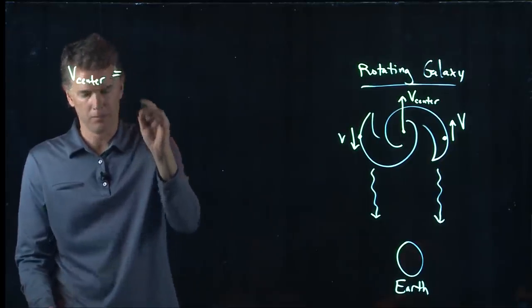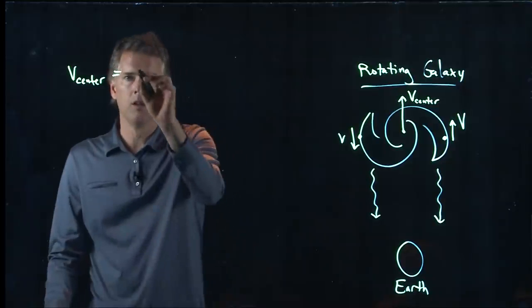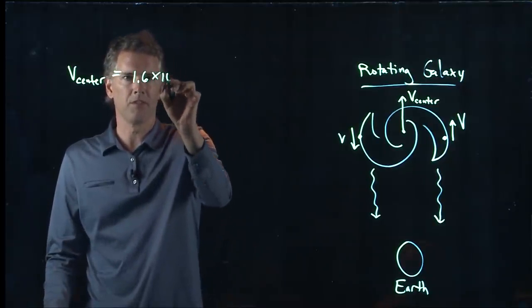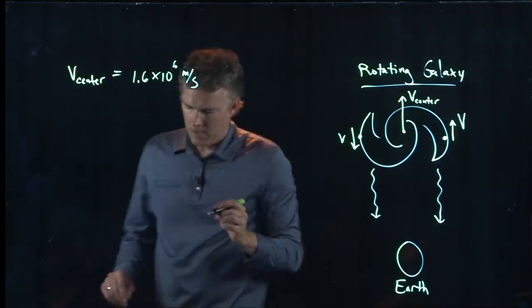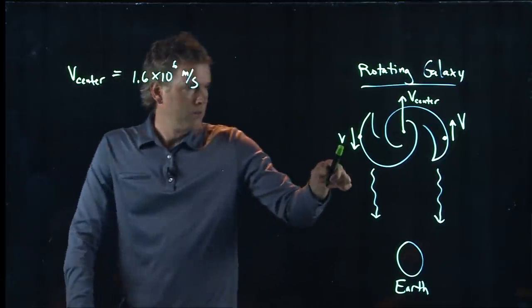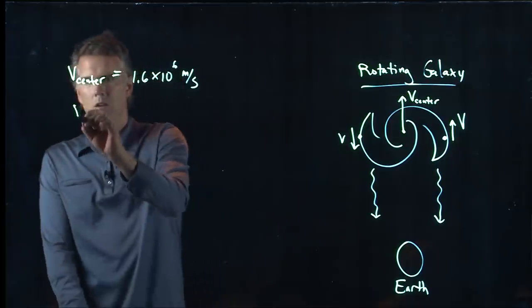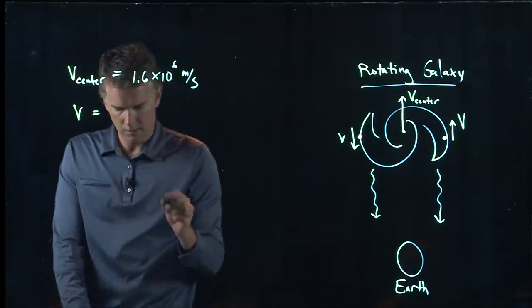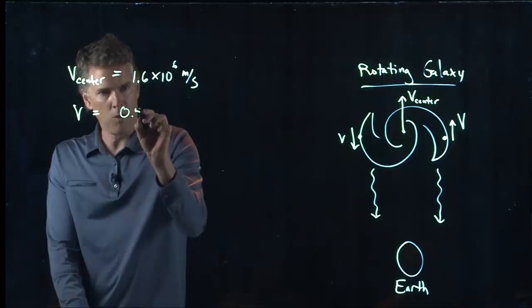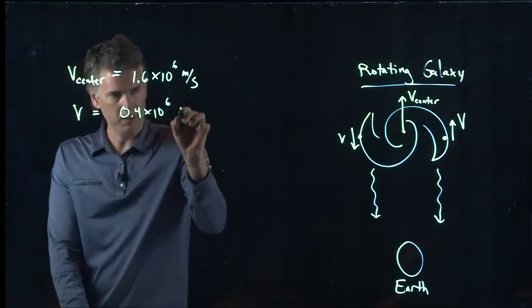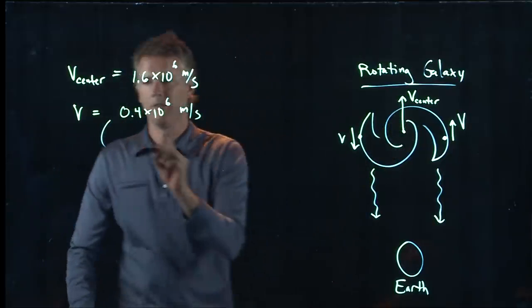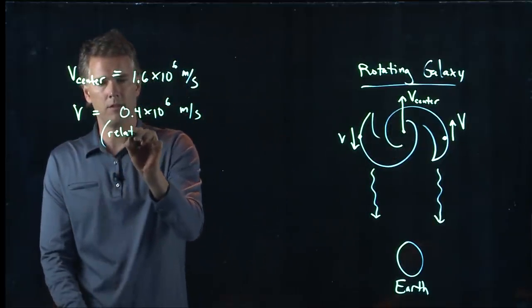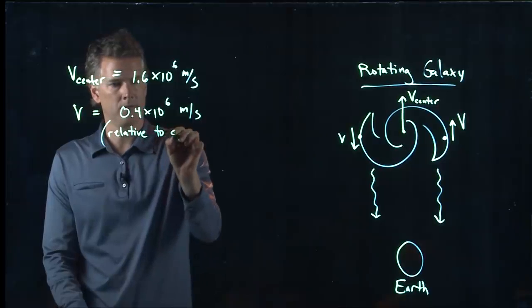So the speed that it's moving away from us is 1.6 times 10 to the 6 meters per second. The speed here, v, is 0.4 times 10 to the 6 meters per second. But this is relative to the center of that galaxy.